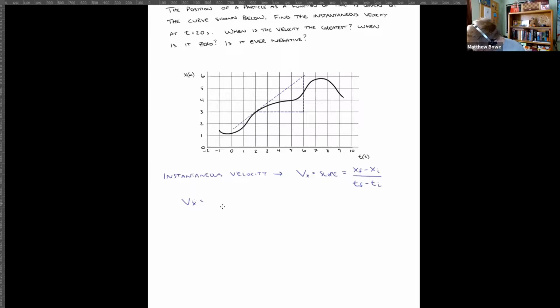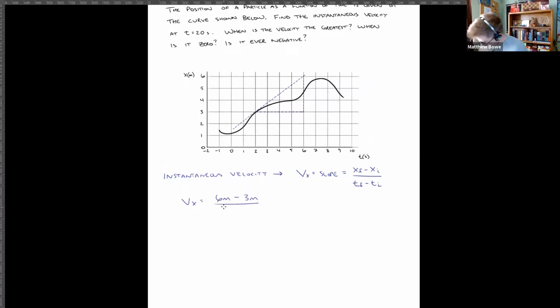So here we go. The final position, we'll go up here all the way to 6. So we'll say that's 6 meters. And the initial position, we'll say we start here at 3 meters. And since we're going from here to here, we also want the time it takes to go from here to here.